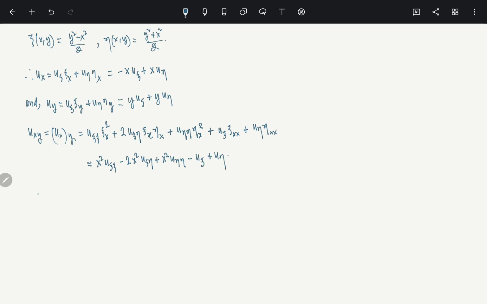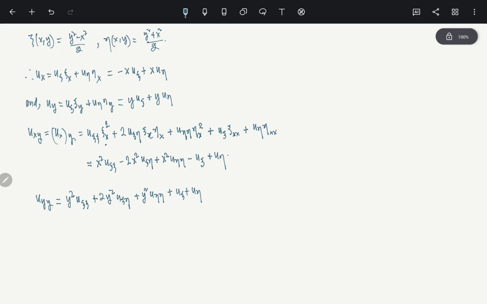And uyy, if you want to find out, is going to be again the same thing, but here it will be with respect to y. So I am just directly writing it: xi y square will be y square, so y square u xi xi plus 2 y square u xi eta plus y square u eta eta plus u xi plus u eta. It's okay.